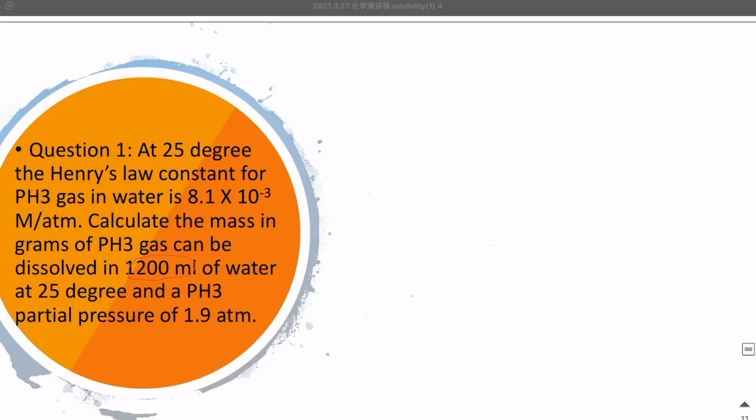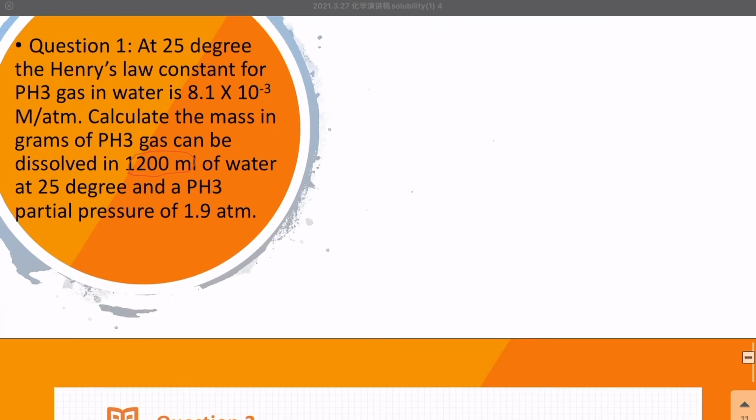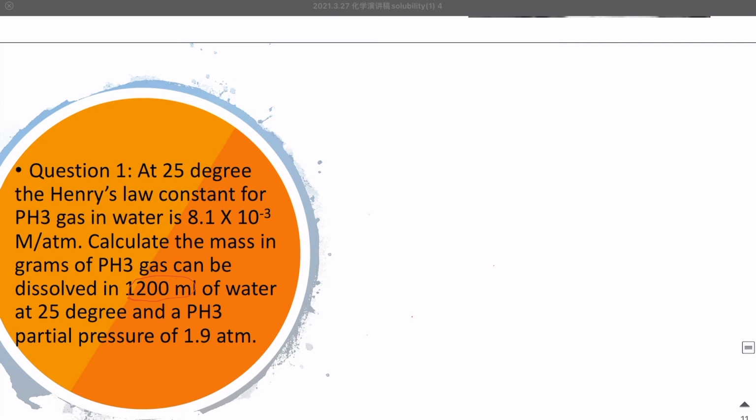So, let's do the calculation. Question 1. At 25 degrees, the Henry's law constant for PH3 gas in water is 8.1 times 10 to the negative 3 molar per atmosphere. Calculate the mass in gram of PH3 gas that can be dissolved in 1,200 ml of water at 25 degrees and a PH3 partial pressure of 1.9 atmosphere. So, let's write down Henry's law first.